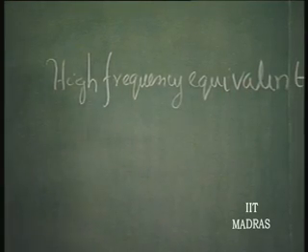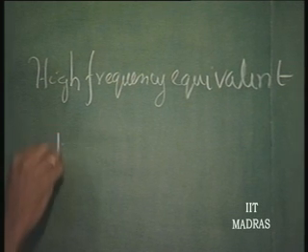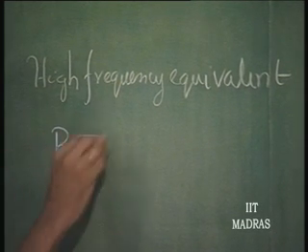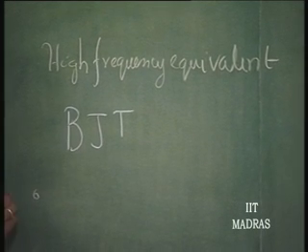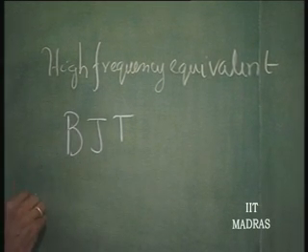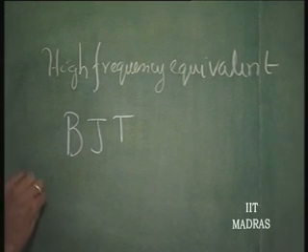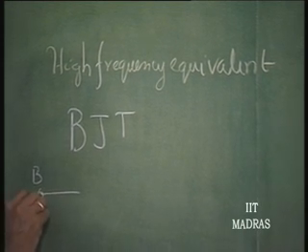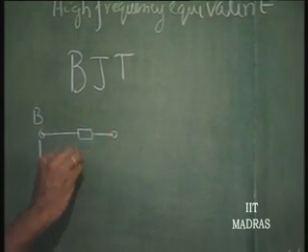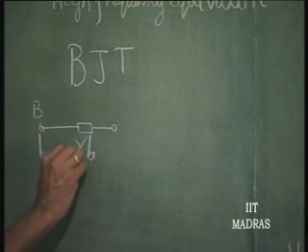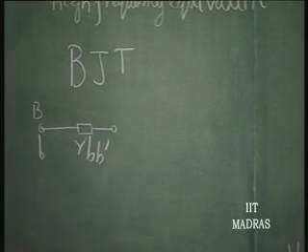Now, as far as high frequency equivalent circuits are concerned, for the bipolar, in the case of the common emitter high frequency equivalent circuit, you start with the base. So, this is B and then you have a physical resistance called RBB prime.